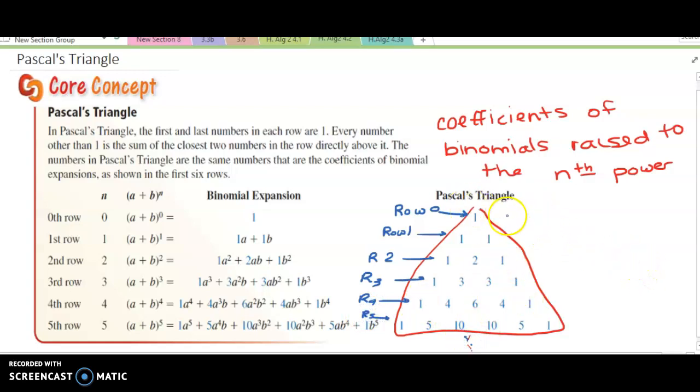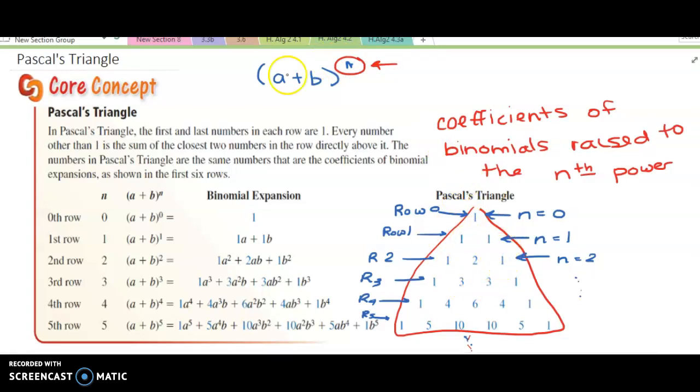Now, row 0 basically means that our n is 0. Row 1 means our n is 1. Row 2 means our n is 2, and so on and so forth. So anytime we have a plus b to the n power, regardless of what our n is, we can find the coefficients by working out this Pascal's triangle right here.